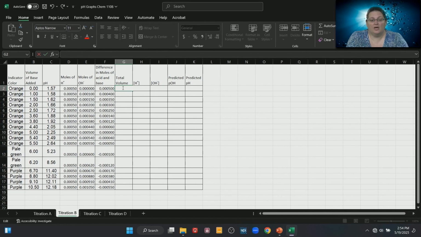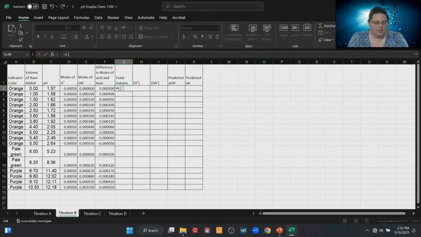So now we need to find our total volume, and we're going to do that by adding our 15 milliliters to our volume of our base. And when we do that, we're going to still have to get that into liters by dividing by 1,000. So to start our formula for the next column, we're going to hit equals, and then we're going to do 2 open parentheses.